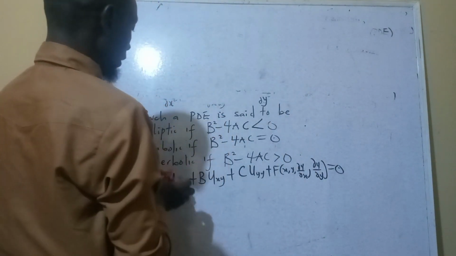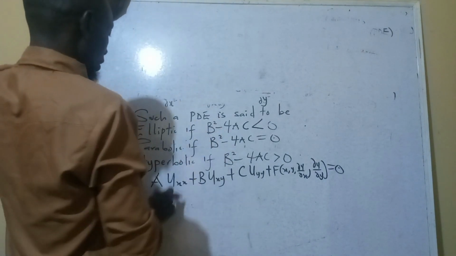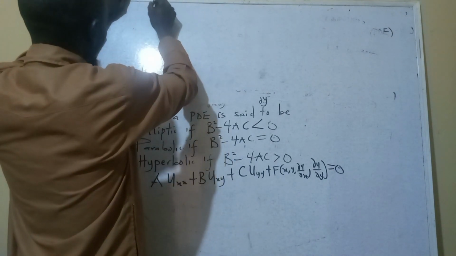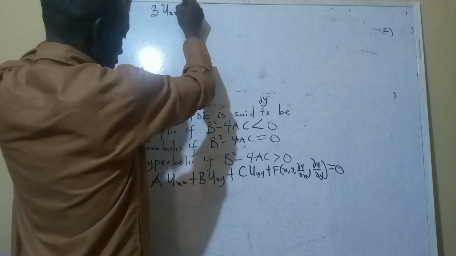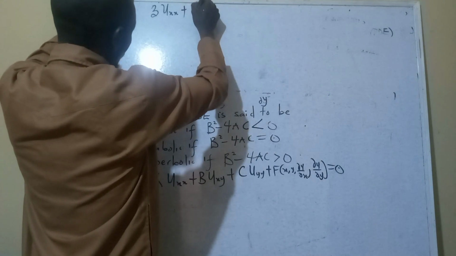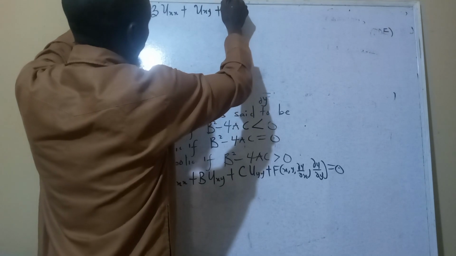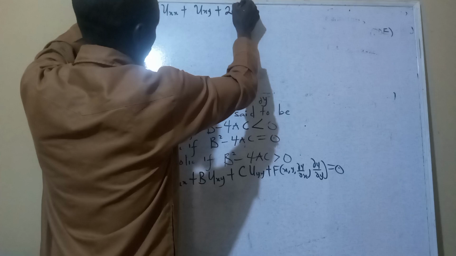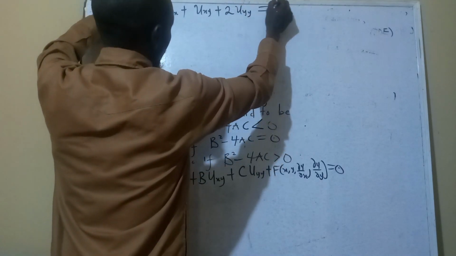Now let's say we have an equation. Let me just form any equation here. Let me say we have something like 3xy u_xx plus u_xy plus 2 u_yy equal to 0.